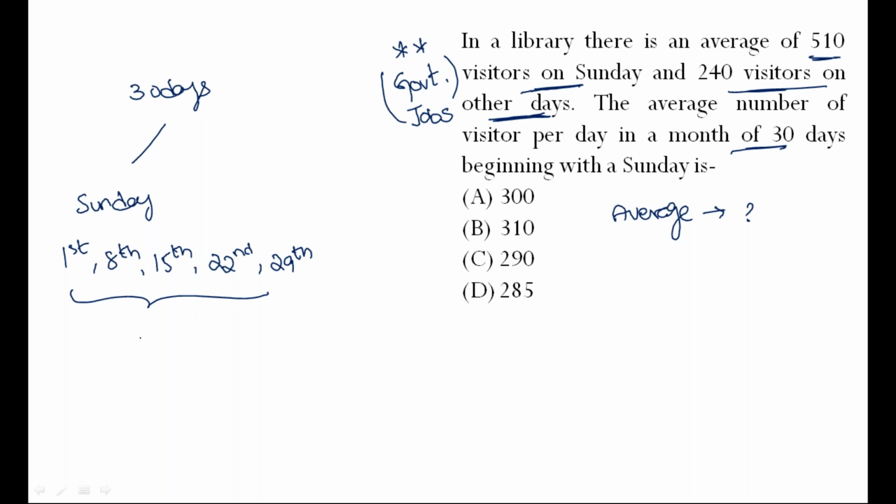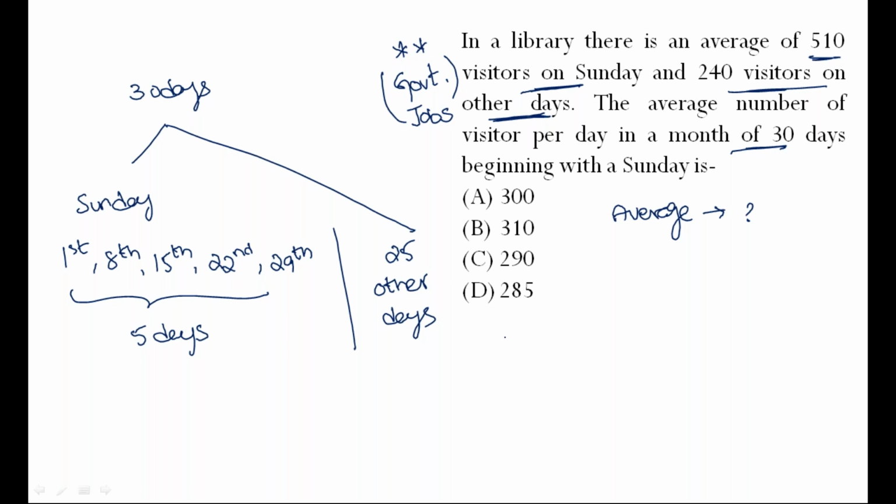We have 30 or 31 days, right? Now how many Sundays are there? 5 Sundays and 25 other days. As per the data, among 30 days, 5 are Sundays and 25 are other days. Now, average is sum or total by number of, no issues in that.